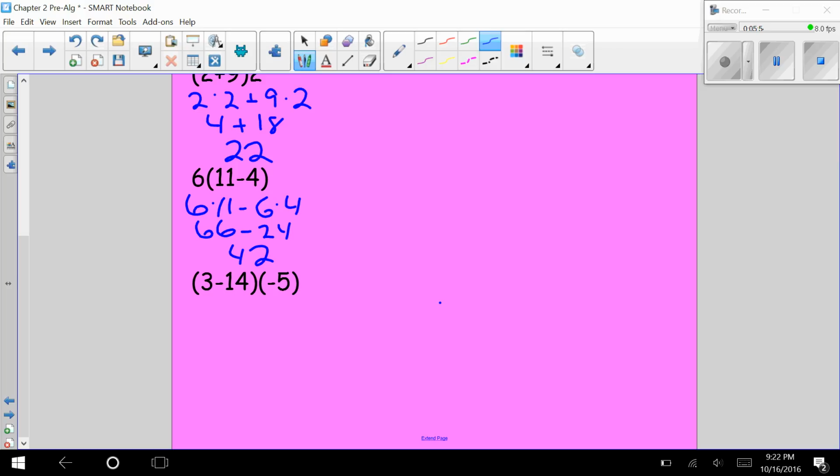And for the final one, you should take 3 times negative 5 minus 14 times negative 5. 3 times negative 5 is negative 15. 14 times negative 5 is negative 70. Minus a negative is plus positive, so we get 55.